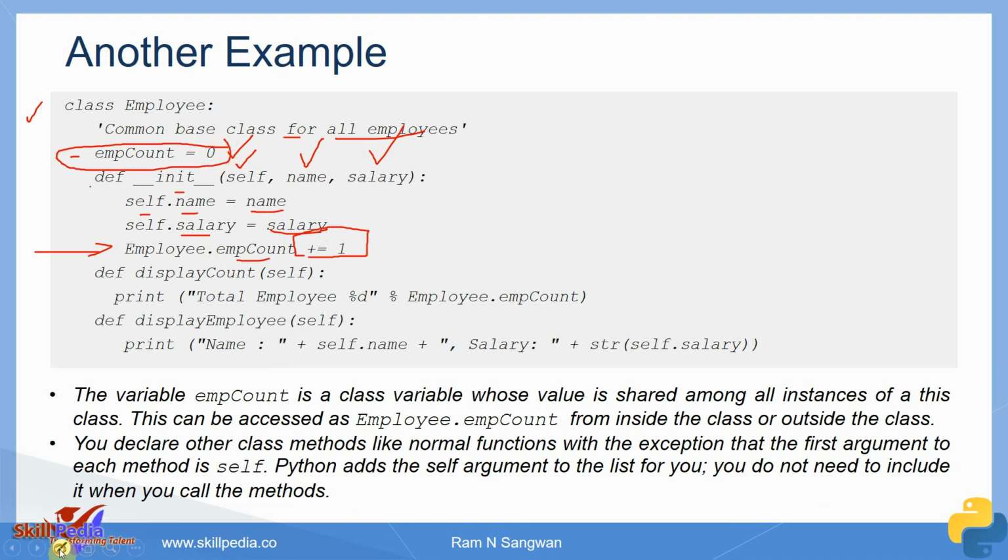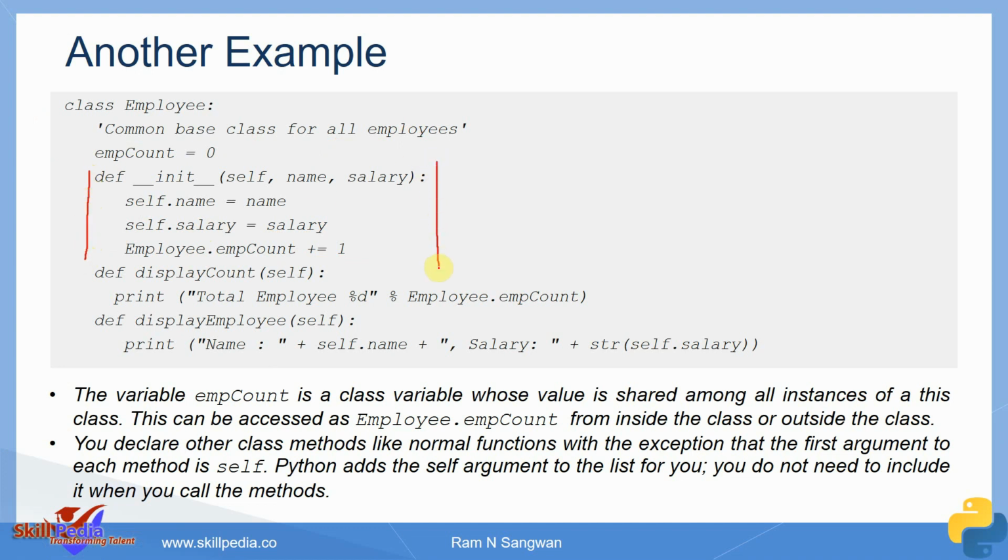Interesting point. Whenever we create an object of this class, we are creating an instance, and the moment we create an instance, obviously our employee count will increase. Very interesting point here, a new concept comes in: this is a private variable. This private variable or attribute will be incremented every time you create an object, and it is available inside. You can extract it anytime.